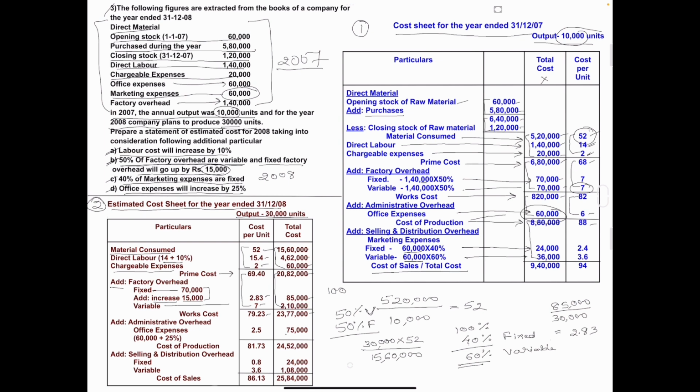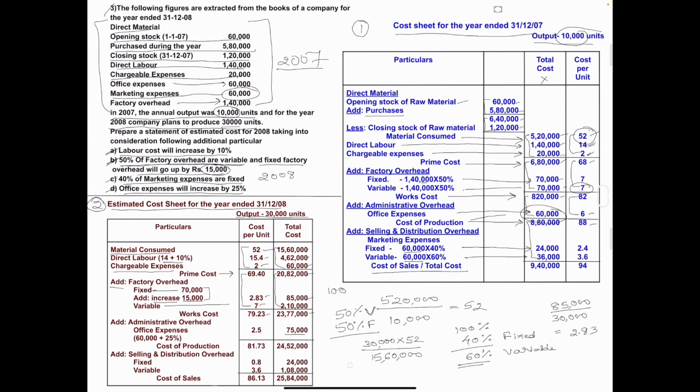You will get 75,000. Okay, this is a direct calculation. No need to first do 60,000 into 25% and add that amount to 60,000. This is a direct shortcut method. This is the total.